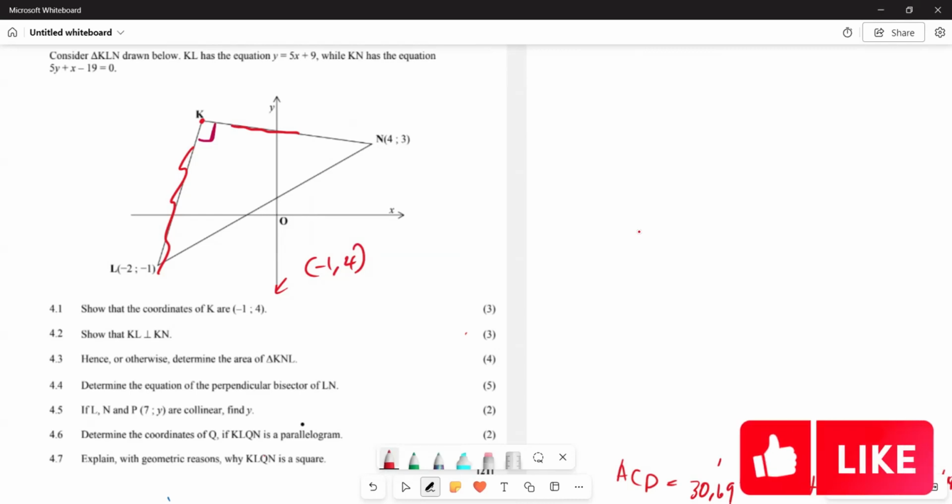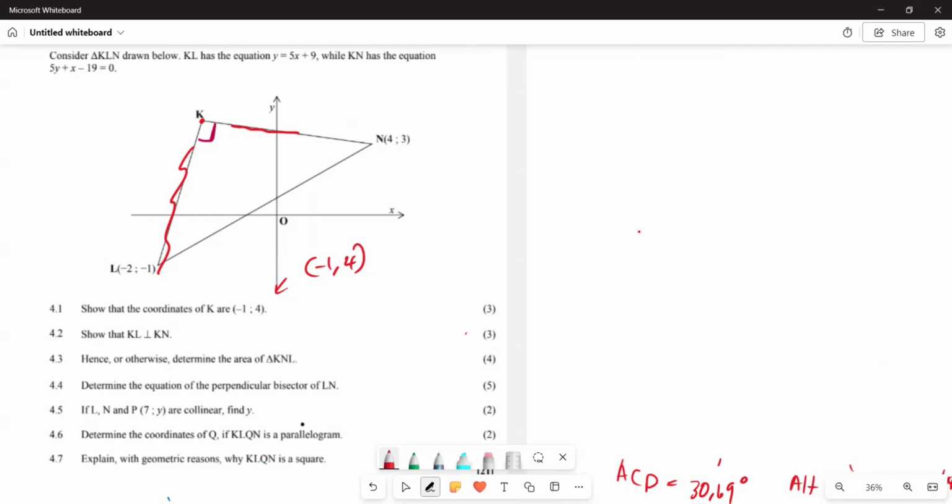So how can you determine that particular area? In order for you to determine the area, remember the area of a right-angled triangle is half base multiplied by height.